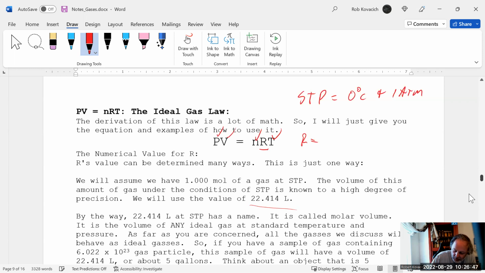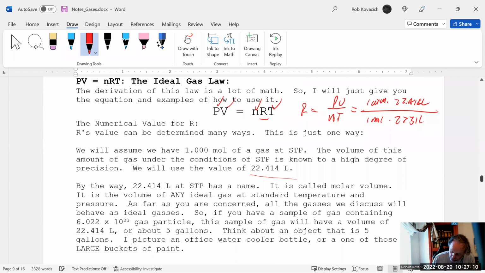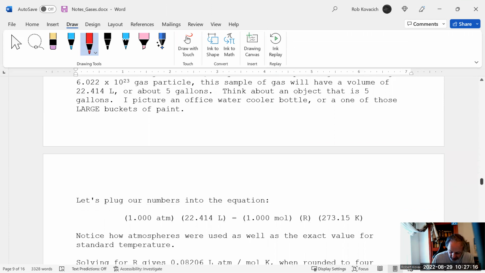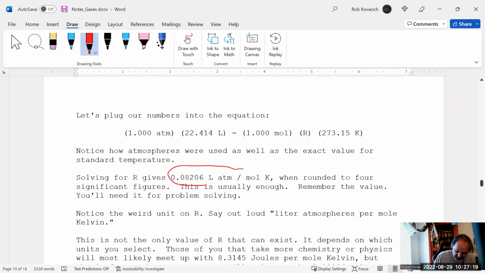So R is going to be equal to PV over nT, when P is 1 atm, V is 22.414 liters, n is 1 mole, and temperature is 273 K. And what happens is you end up with a number, and that number is 0.08206 liter atmospheres in the numerator, and moles and Kelvin in the denominator.